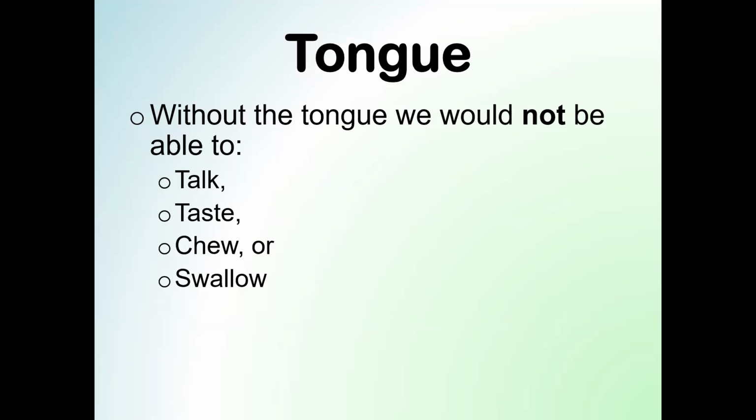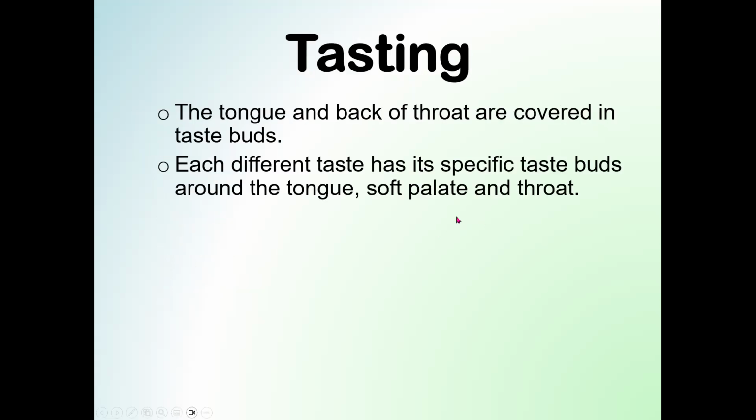The tongue moves the food around. Talking is impossible, and without teeth, it's very difficult to talk also. And of course, we taste with the tongue. We also have taste buds at the back of the throat. That's usually the bitter taste.